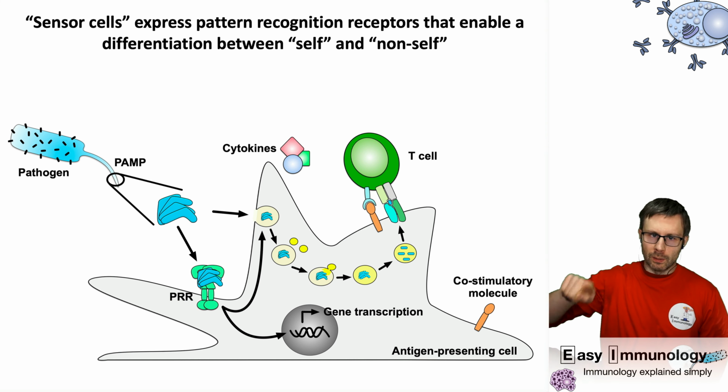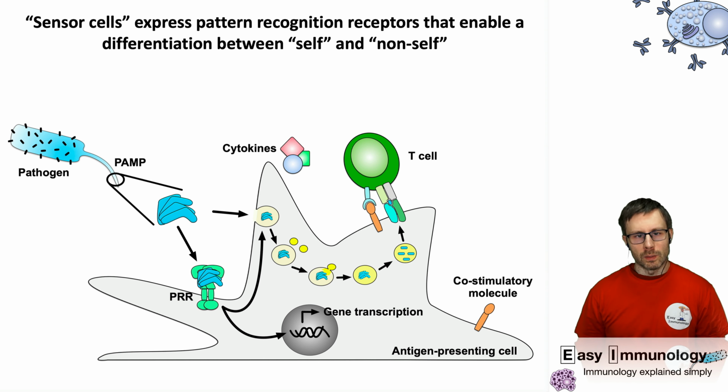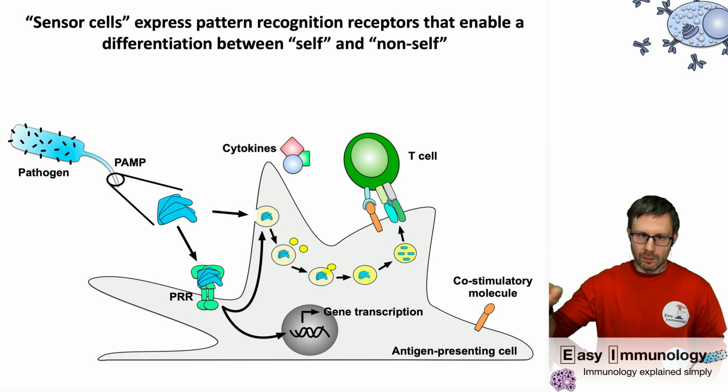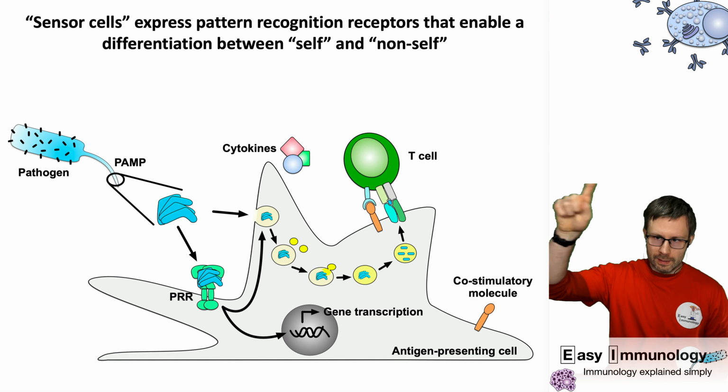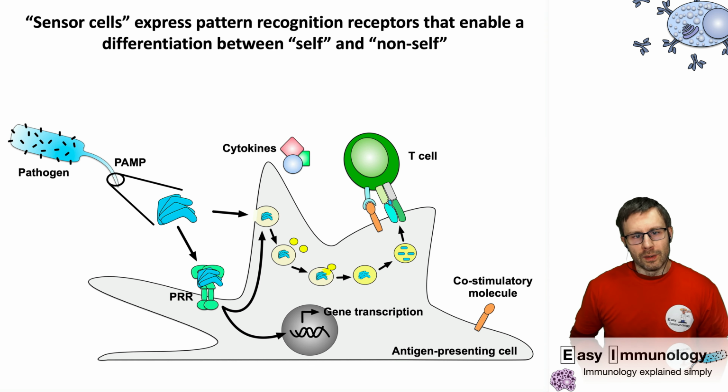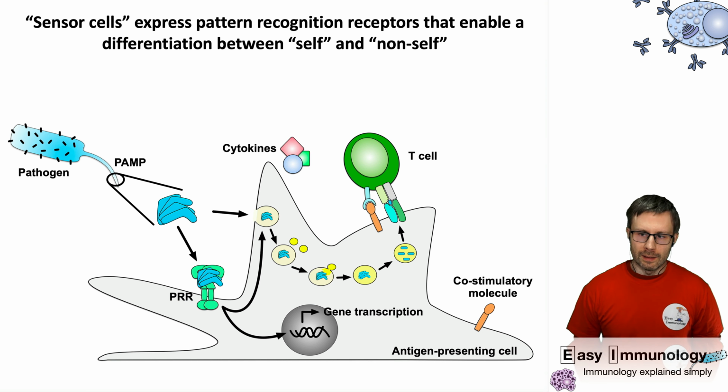So the T cells are wandering around in our body. It takes 24 hours approximately for a T cell to reach every lymph node in our body, and the antigen presenting cell goes there and just waits for the T cell. So there are many T cells coming and going, and every T cell checks what the antigen presenting cell has to offer. So it has this T cell receptor.